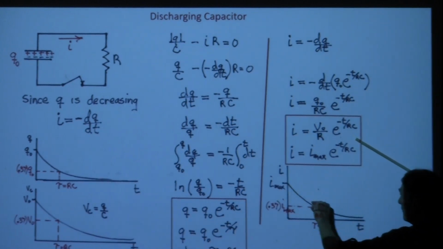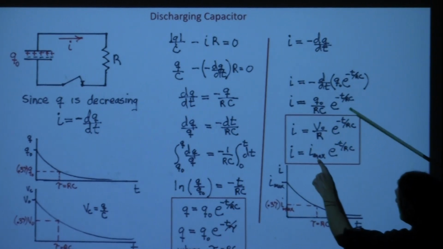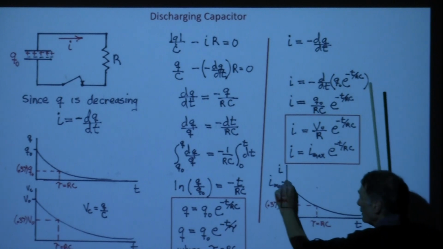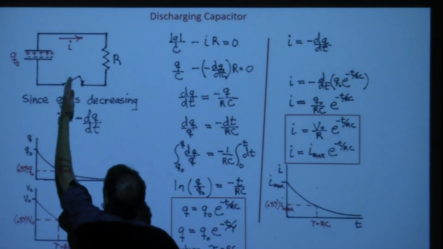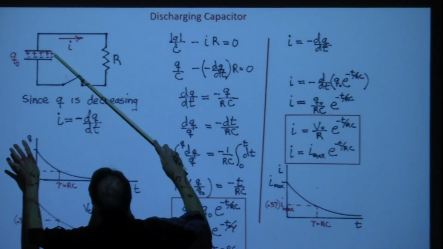And V naught over R should be the maximum current. That maximum current happened right at time t equal to 0. When we first closed the switch, we had the maximum amount of current. We had the voltage across here.